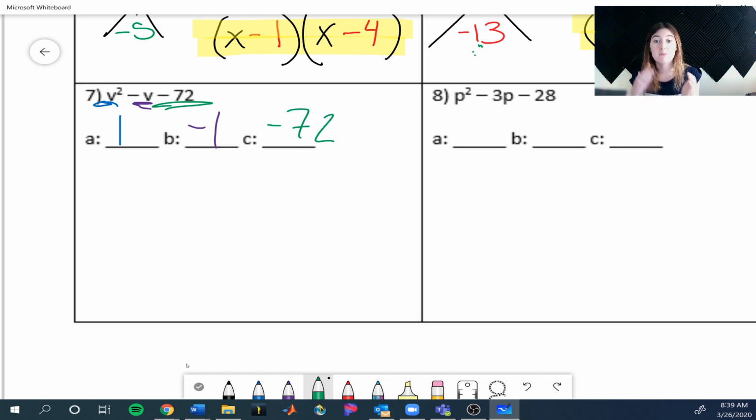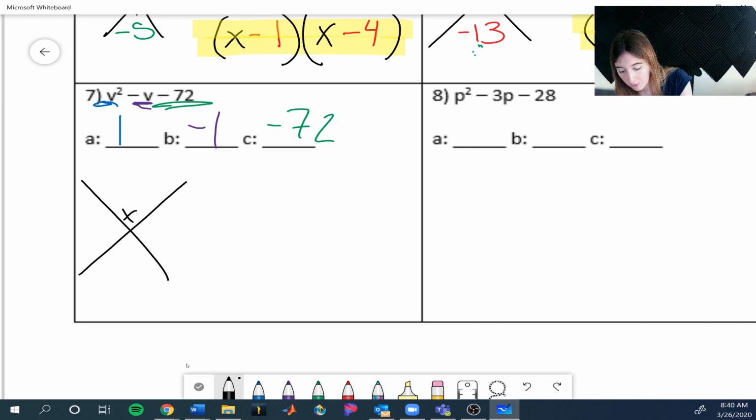If you notice, b and c are both negative now. So let's draw out our X. We have what multiplies to be a times c and adds to be b. Now b is negative 1. a times c is negative 72.